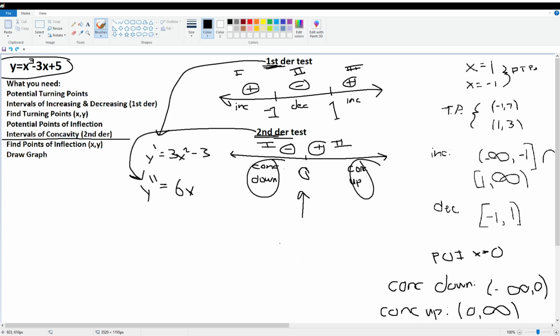So point of inflection, y equals 0 cubed minus 3 times 0 plus 5, y equals 5. So our point of inflection is 0, 5.